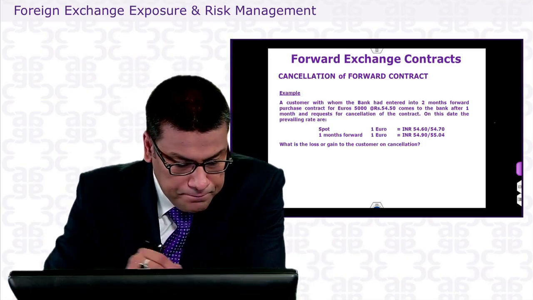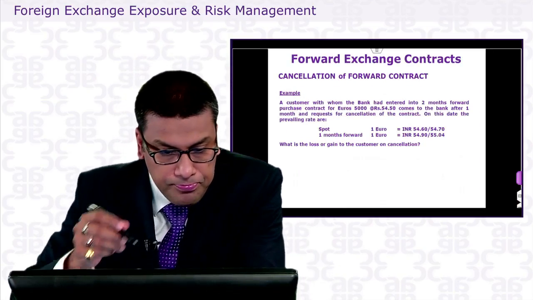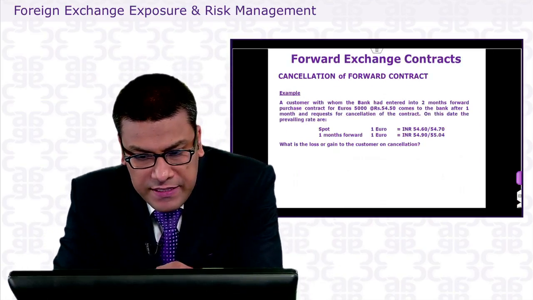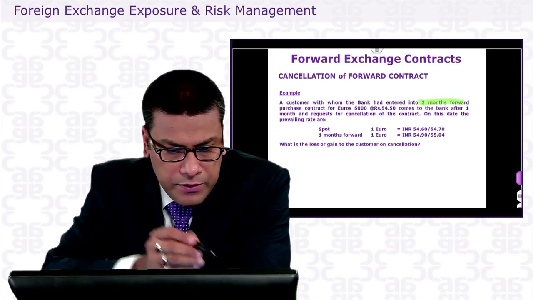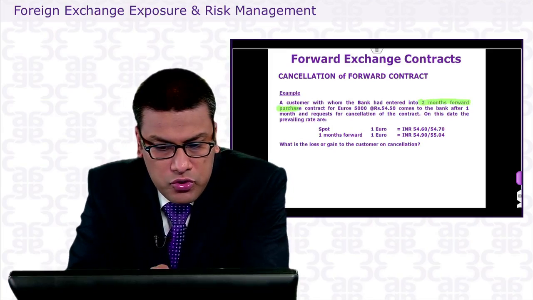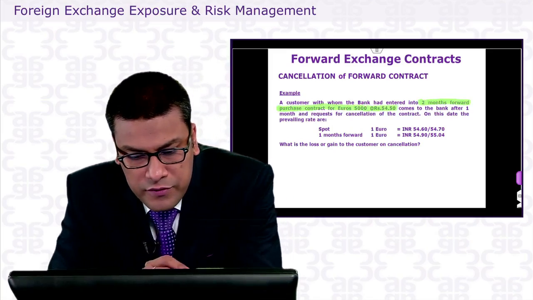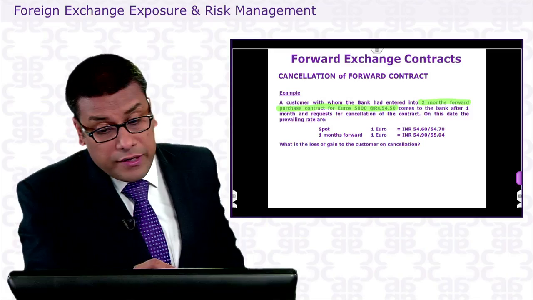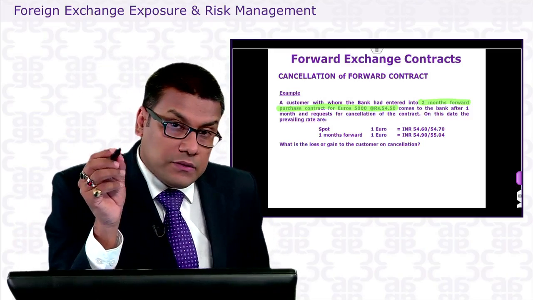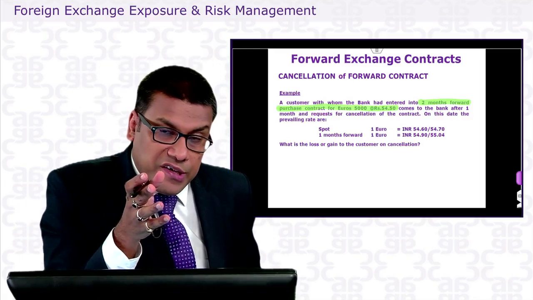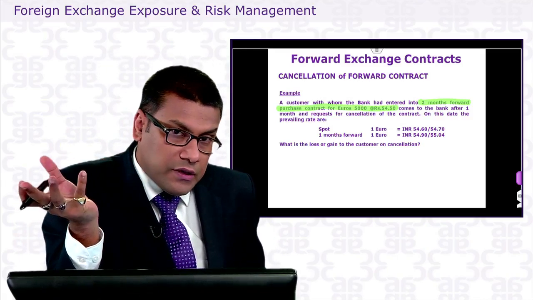If you see here, the customer with whom the bank has entered into a 2 months forward purchase contract for euros 5,000 at 54.50. So the original contract was for 2 months forward purchase. So what would the bank have done? If it's entering into a purchase contract with the customer, it would have entered into a sell contract with the market.